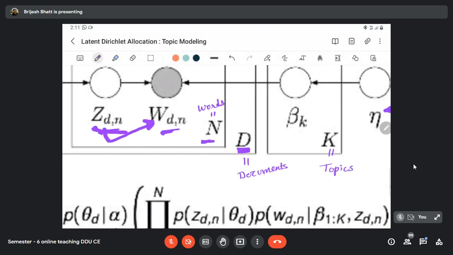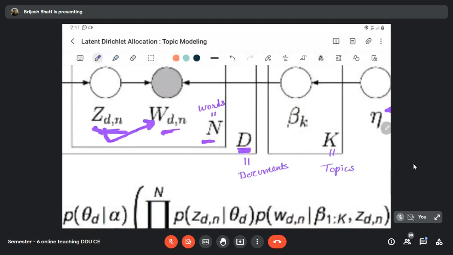So we are looking at a data set of D documents and n words, and we want to assign k topics to these D documents and n words.